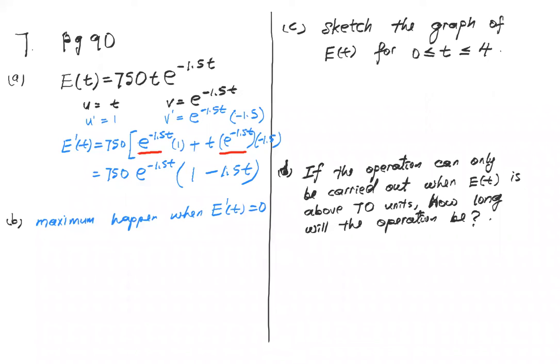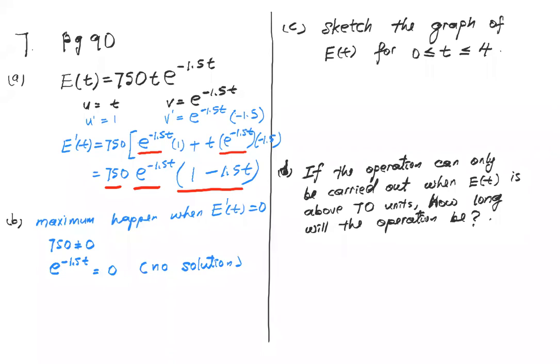Okay, so now we know that 750 cannot be equal to 0. E to the power negative 1.5t equal to 0, this one, no solution. So you see, this thing is made up of the products of 3 things.